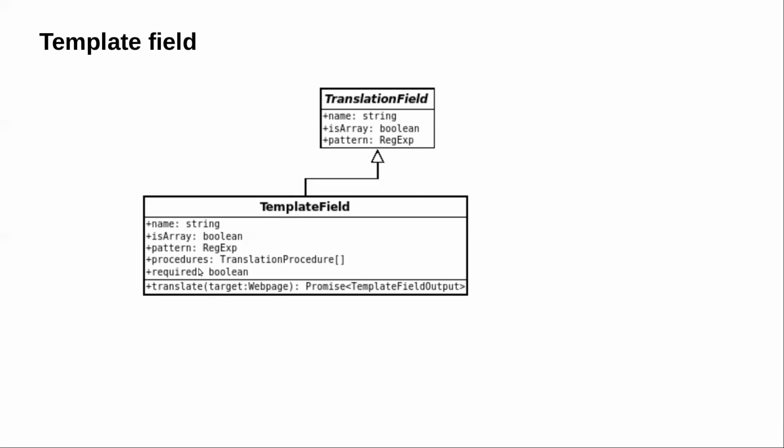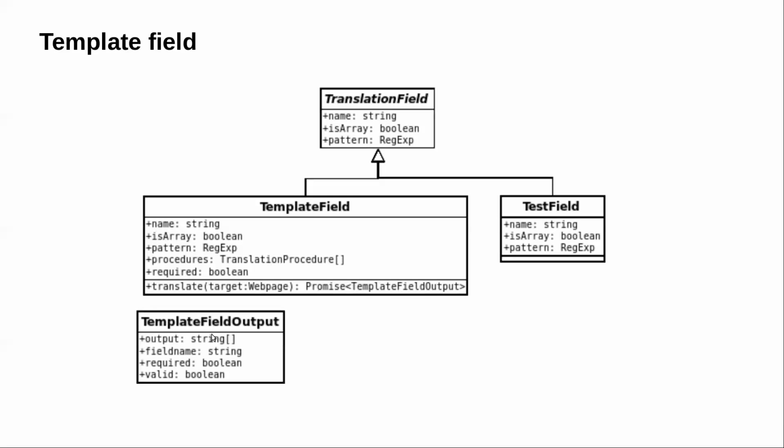Then we have a procedures property, which is an array of procedure objects. And finally, a required property that is telling us whether this is a required field or not. And this is necessary to decide if the template that this field belongs to is applicable or not. And again, we also have a translate method that, if we give it a web page, is going to call the translate method of every procedure inside the procedures object to output a template field output.